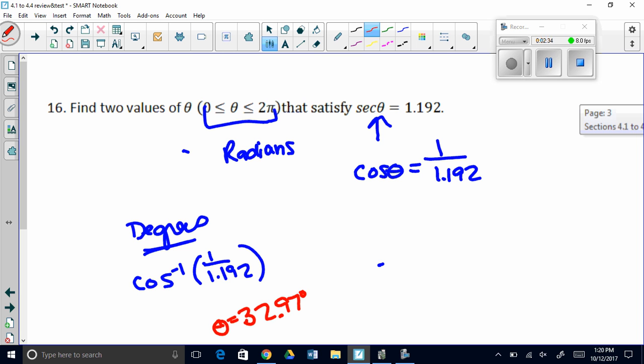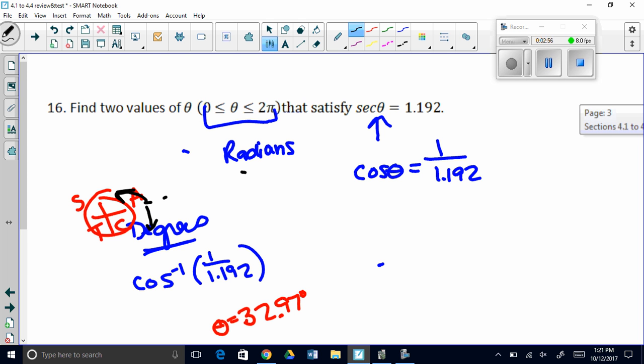32.97 degrees. But remember, there's two places where cosine's positive. All students take classes. So the calculator's only given us this one that's in the all category. So it's only given us that angle. We also need this other angle that's down here.